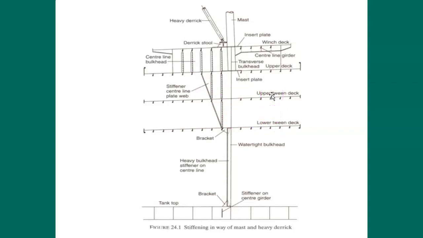I haven't really talked about that much, but some ships have three different cargo decks. This structure up here is kind of a mast house on the main deck.